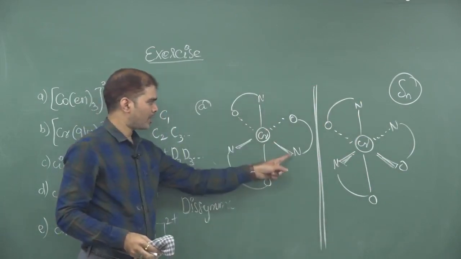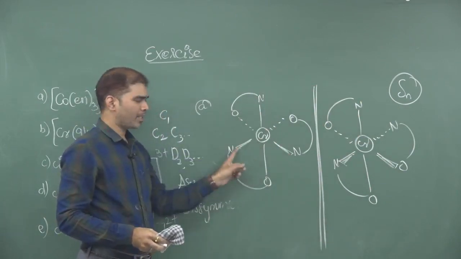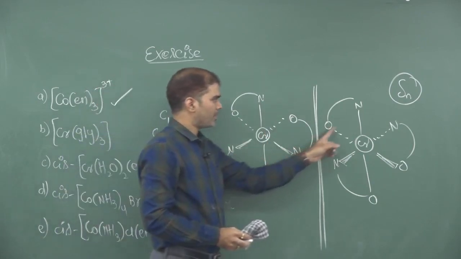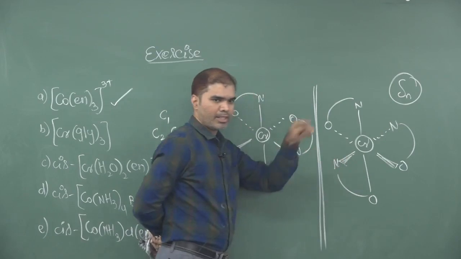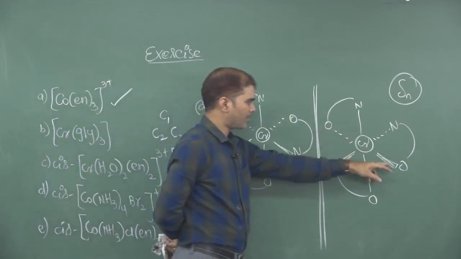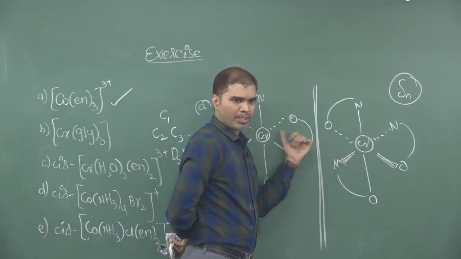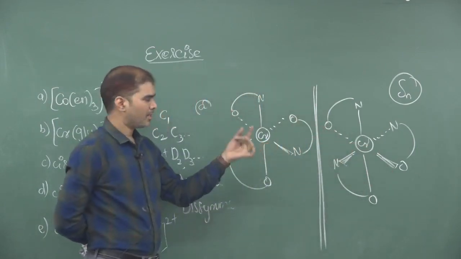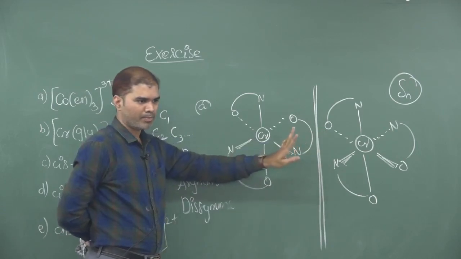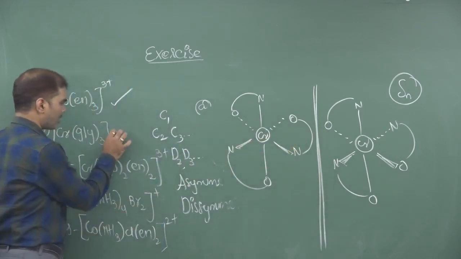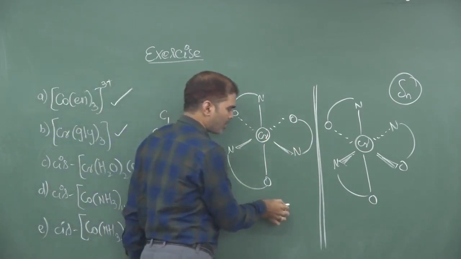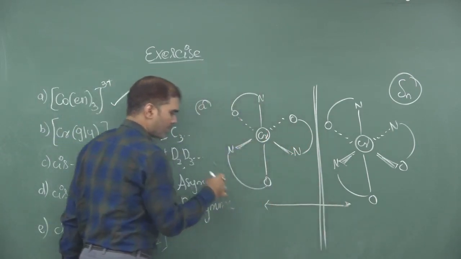This is called facial. Three nitrogens are related in a triangular manner. Three oxygens are also related in a triangular manner. In this case, three nitrogens are related in a meridional plane, and three oxygens are also related in a meridional plane. So these two are different geometrical isomers. This can exist as enantiomer. This can also exist as enantiomer. Suppose the question is how many stereoisomers are present for this? Let us extend the question.